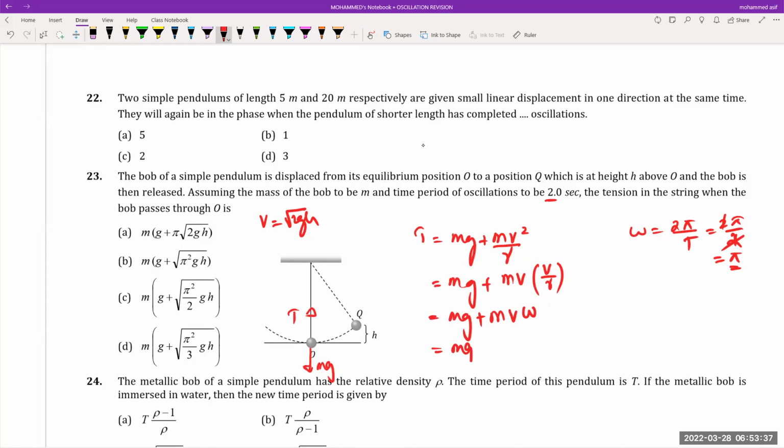So that is equals to mg plus m into under root of 2g into h. ओमेगा की वैल्यू आ गई पाई, ये हो गया टाइम पीरियड. सो इसमें से मैं m को कॉमन ले लूं into g plus pi under root of 2g into h. This will be the answer. g plus pi, यानी A will be the answer.